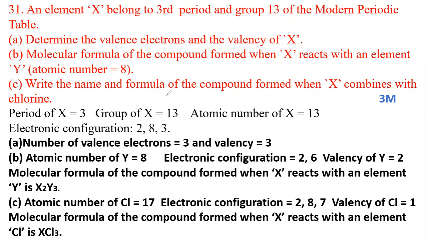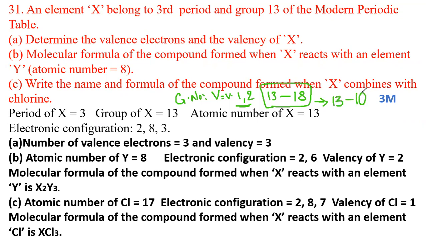You know one concept: group number is equal to valence electrons or valency, but only for the first group and second group. After that, from the 13th group to the 18th group, how can you remember the valence electrons? You have to subtract 10 from the group number.